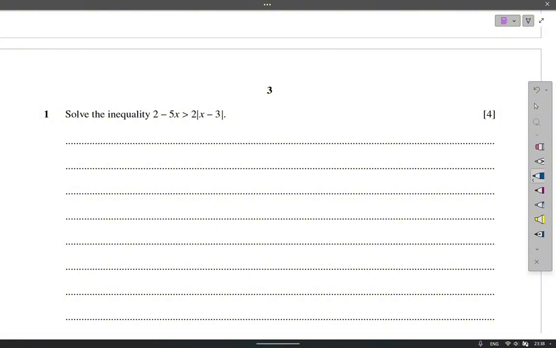We can eliminate this modulus by taking squares of both sides.